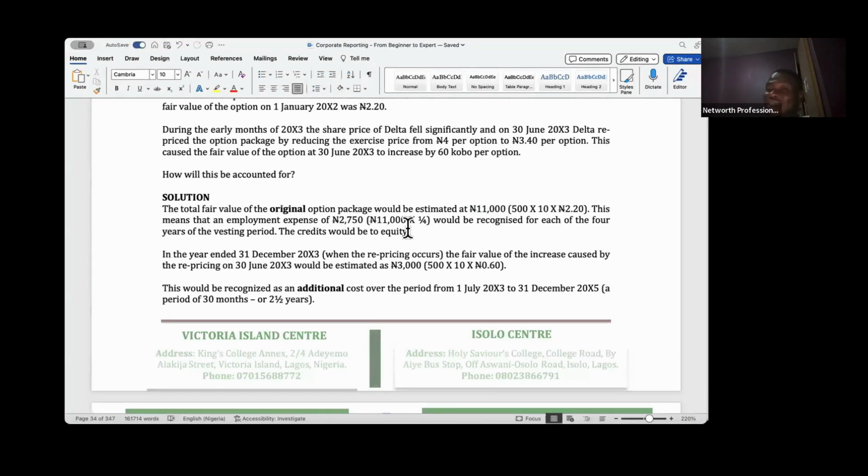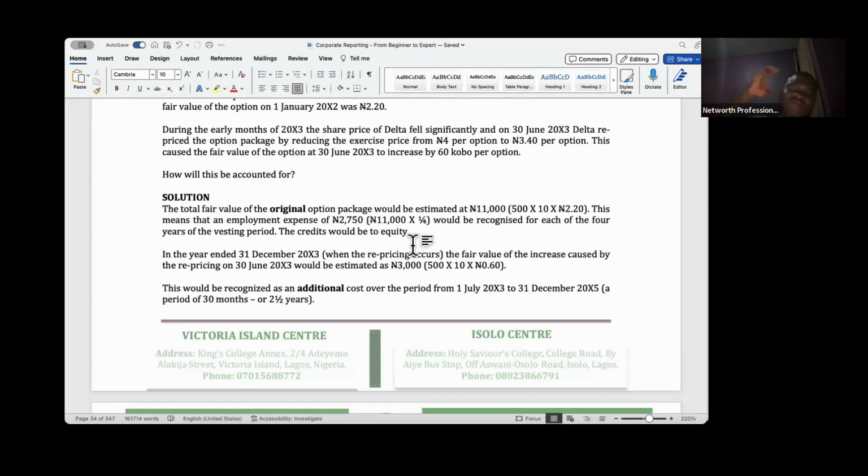So in that second year, what will happen immediately is that they will have recognized 2,750 in the first year. In the second year, they don't even need to do any calculation. When they get the number of people present today, let's say 10, and the value still remains 11,000, that means whatever is remaining out of this 11,000, so 11,000 minus the 2,750 they have recognized, will be 8,250.